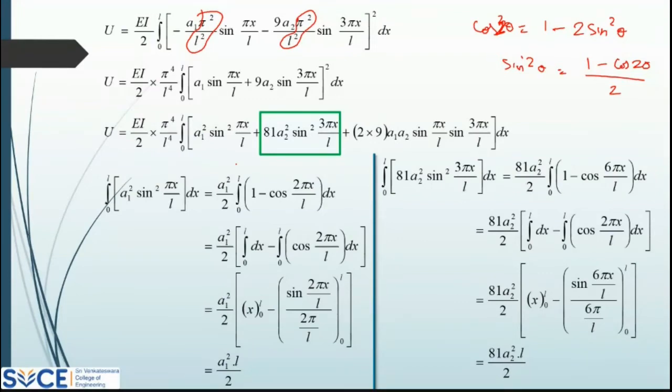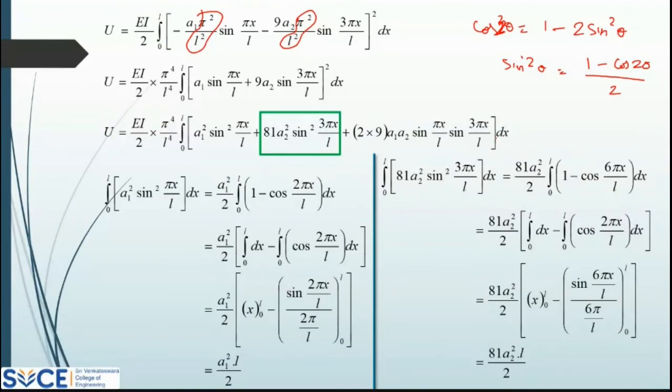Next, the third term. You can see that it is like sine pi x by L times sine 3 pi x by L, that is, sine A sine B. You have to use the formula accordingly.